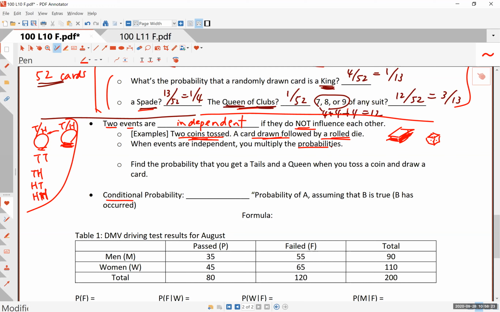And by the way, let me illustrate something that's not independent, okay? Let's say you have a bag of candies. Let's say you have 5 Skittles or something, okay? The first person picks 1, and then the second person picks 1 without the first one replacing the one that he or she picked, right?